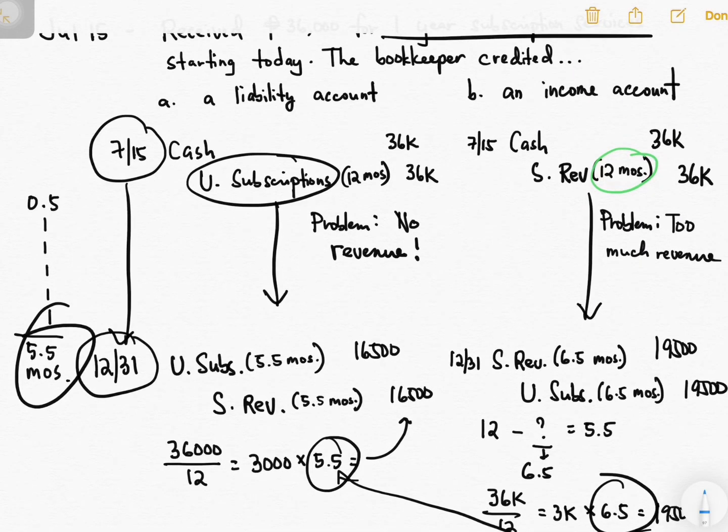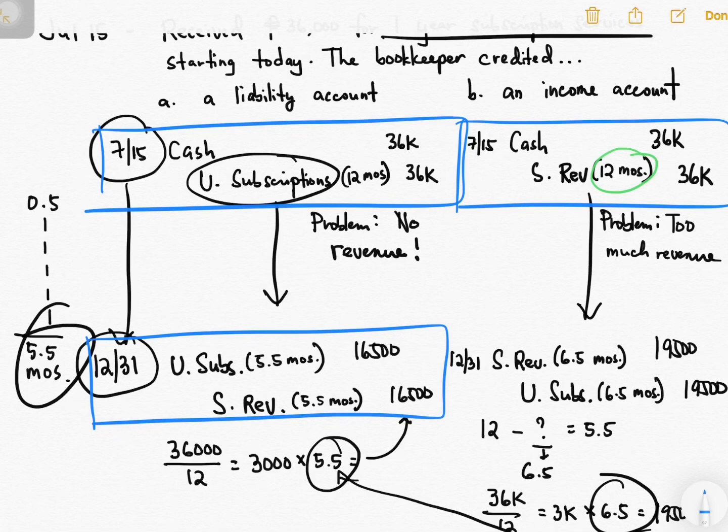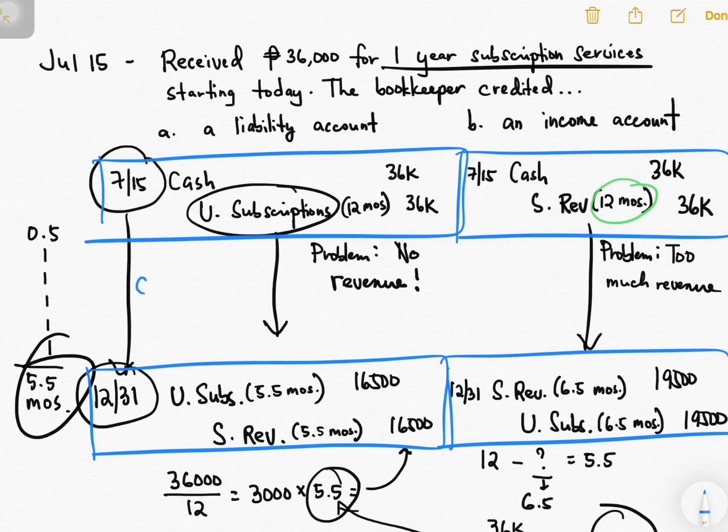This is my journal entry, right, for liability. This is for the income method, and this is my adjusting entry, liability, income method. Question, are they the same? Answer, yes. Actually, let's do it here. Let's compute the amount of cash. Okay, so in your journal entry, you have 36,000. That's it, right? And then the left side, same amount.